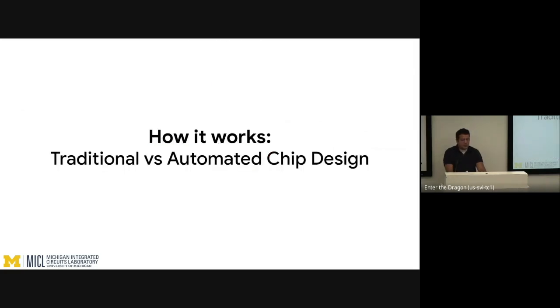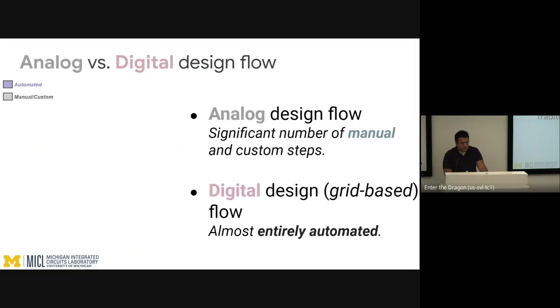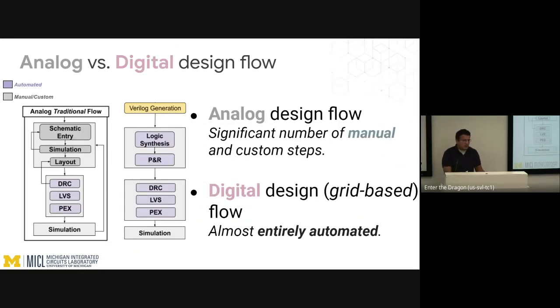So how does it work? I'll just go briefly, just to remind people here what OpenFASOC is. OpenFASOC addresses automated analog design, right? And here I made a really small workflow diagram on the left of what would be a traditional analog layout flow today. And as you all know, most of it is custom and requires multiple iterations from schematic entry to layout, then simulation, and so forth.